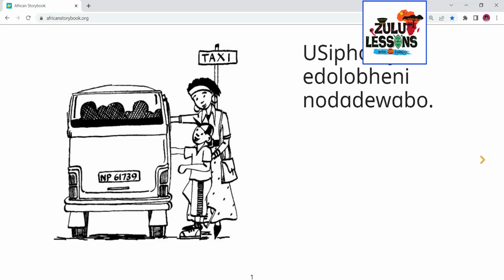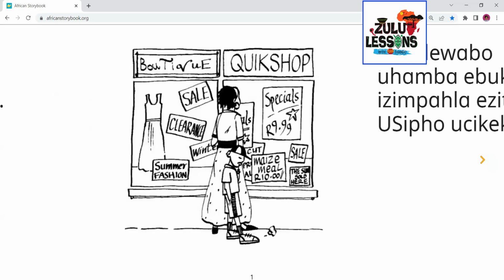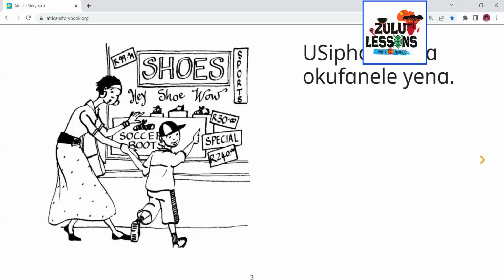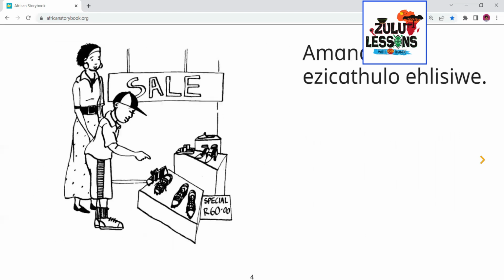uSipho uya edolobheni nodadewabo. Udadewabo uhamba ebuka izimpahla ezitolo. uSipho ucikekile. uSipho ubona okufanele yena. Amanani ezicathulo ehlisiwe.